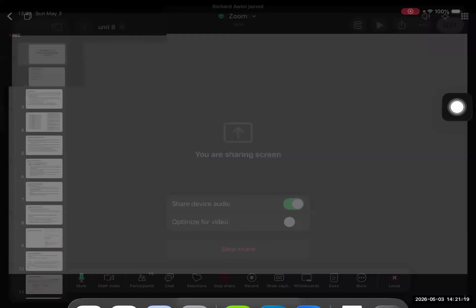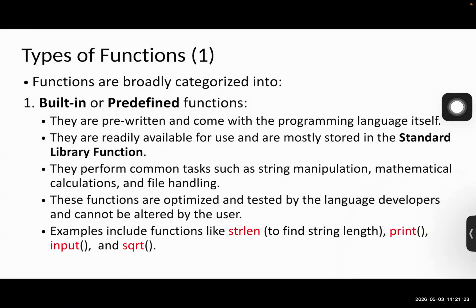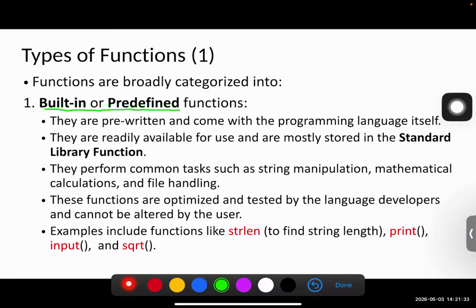Okay, so as I was saying earlier, there are two main kinds of functions. We have what we call user-defined functions and built-in functions. So we start with the built-in functions. A built-in function or a predefined function is a function which has already been written. They have been pre-written, written to be part of the programming language itself.